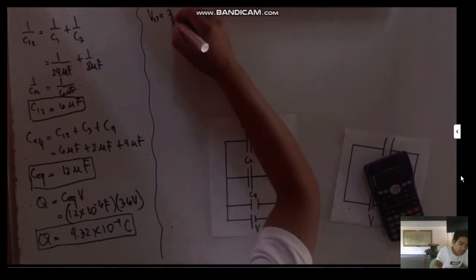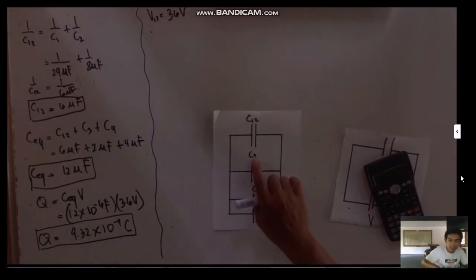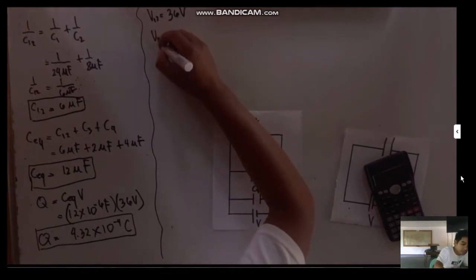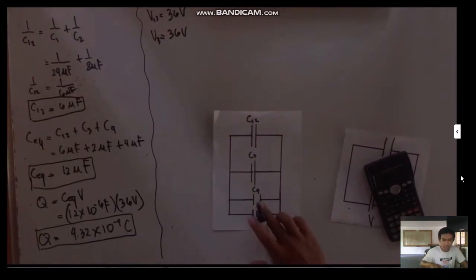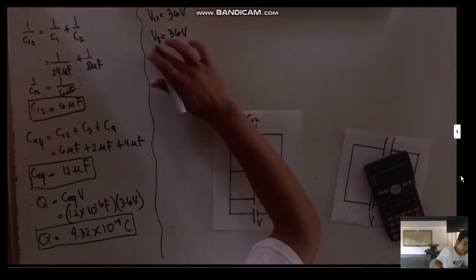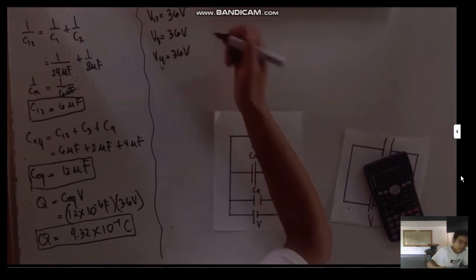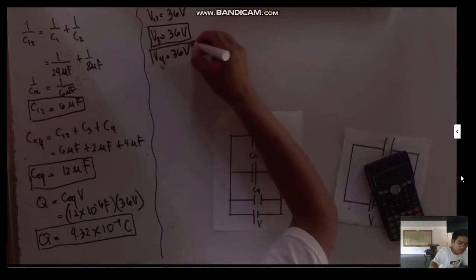The voltage across C3 is still 36 volts, and the voltage across C4, V4, equals 36 volts. Okay, so we have V3 and V4.